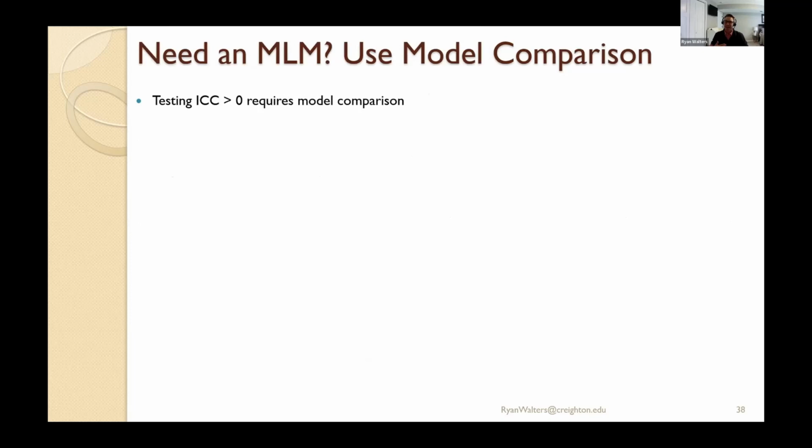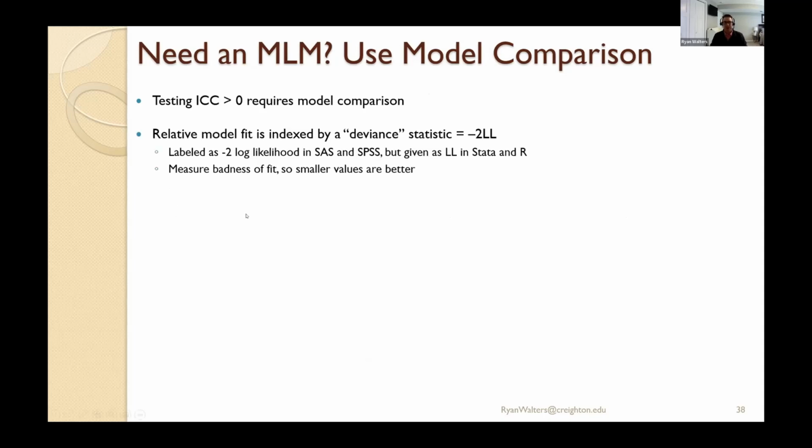Whether or not that intraclass correlation is statistically greater than 0, the way we test that is via model comparison. Model comparison is going to be based on our -2 log likelihood.